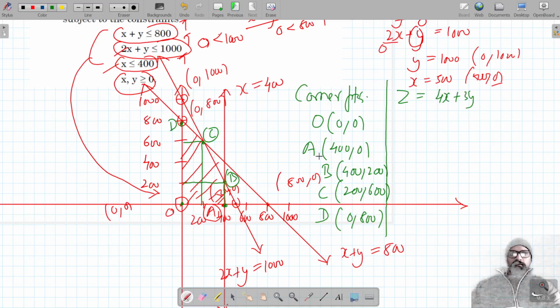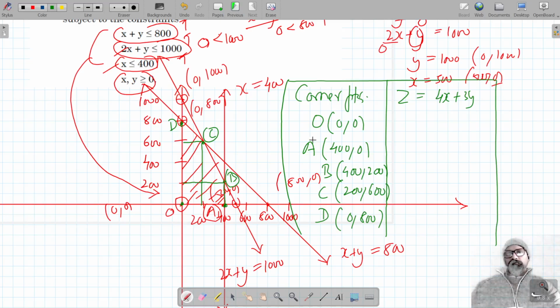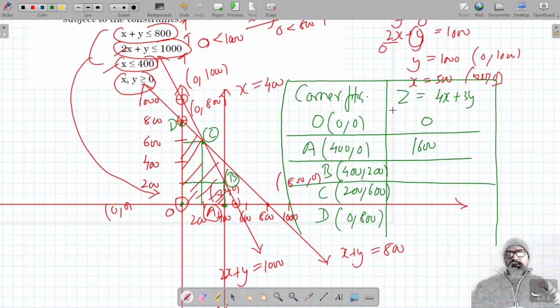For 0, 0, it's 0, and for 400, 0, this is 1600. We will find the value of Z for all these.